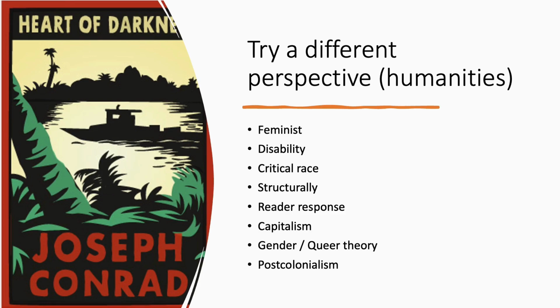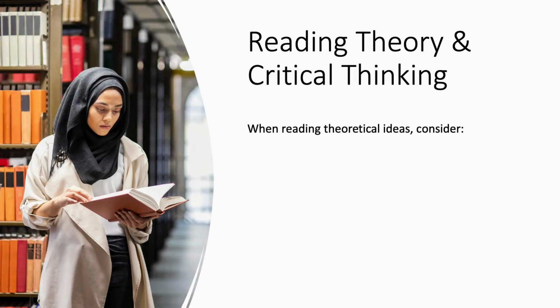For instance, if you had 8 different people reading this novel and each one read it from a different lens, think about what that would create and the different critical thought it would generate. So for instance, if I read it from a feminist lens compared to somebody who read it from a post-colonial lens, what different meanings would we find by trying this different perspective?